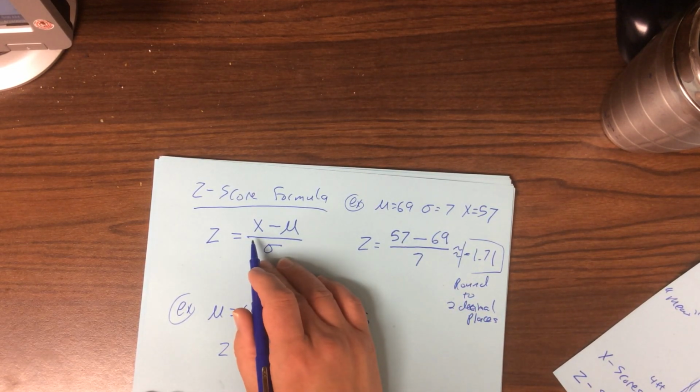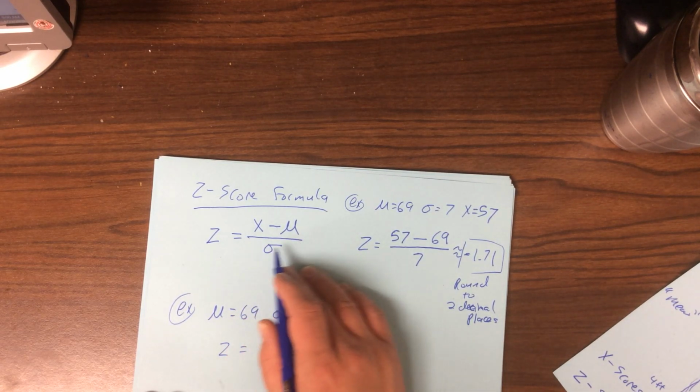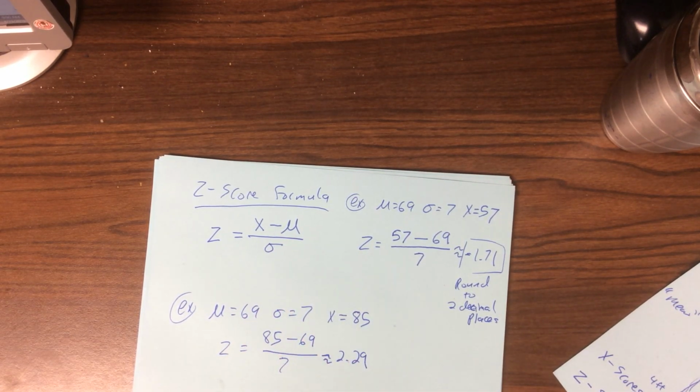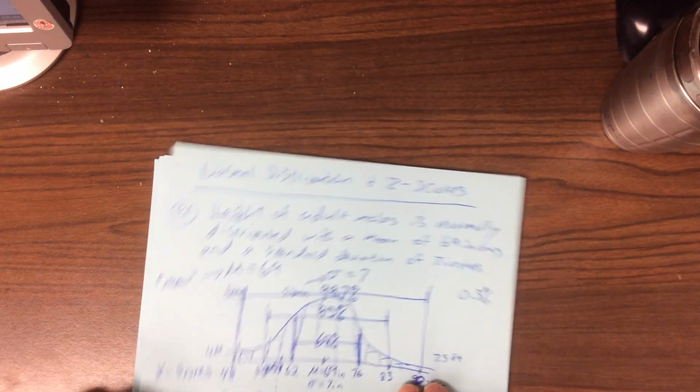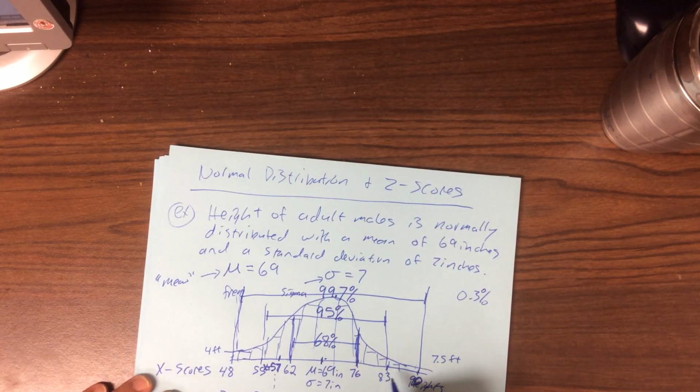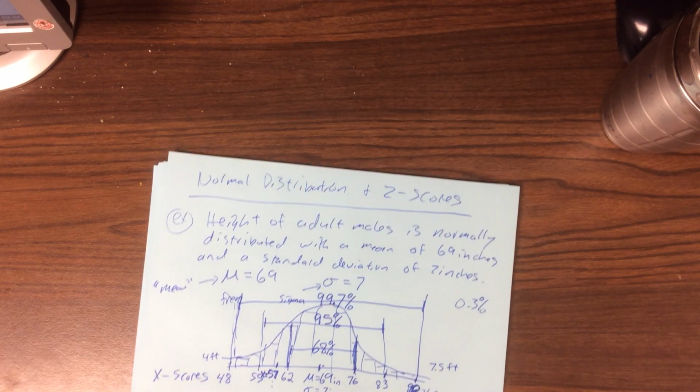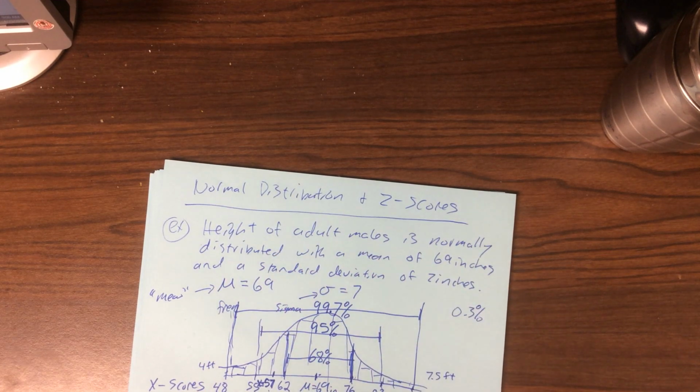So it's always the x minus the mean divided by the standard deviation, and that will give you the z-score. For any height along here, it'll tell you the z-score for that height. So that is the introduction to the normal distribution and z-scores. In the next video, we will show you how to use the standard normal table.